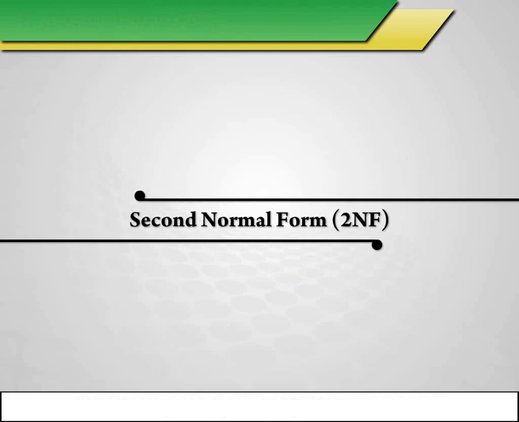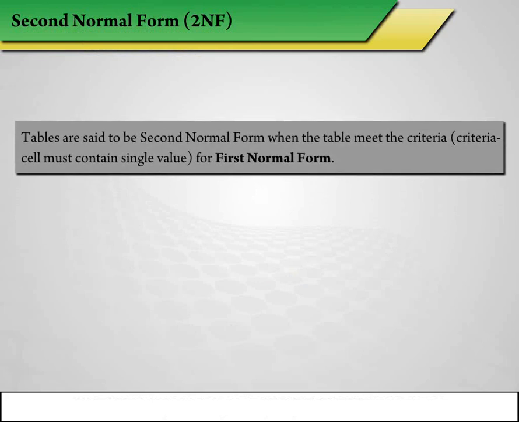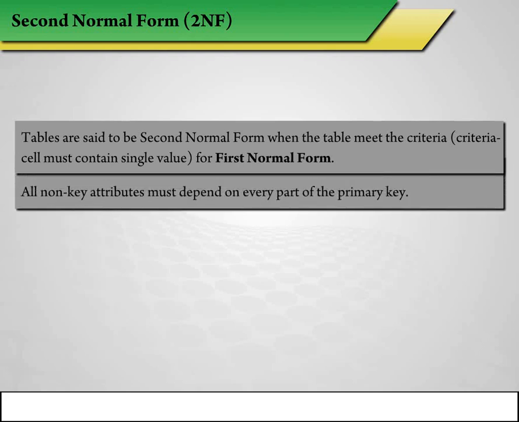Second normal form, 2NF. Tables are said to be in second normal form when the table meets the criteria: cells must contain a single value, as for first normal form, and all non-key attributes must depend on every part of the primary key.